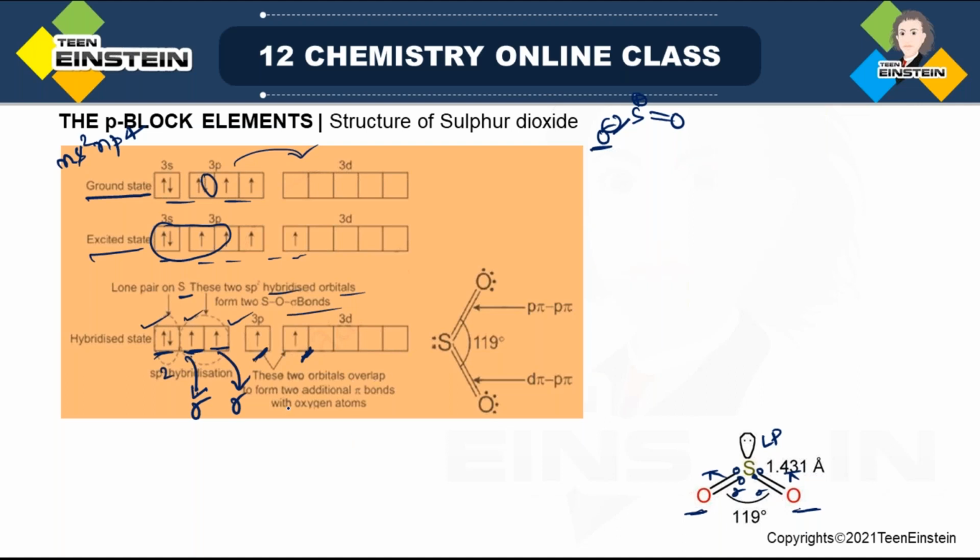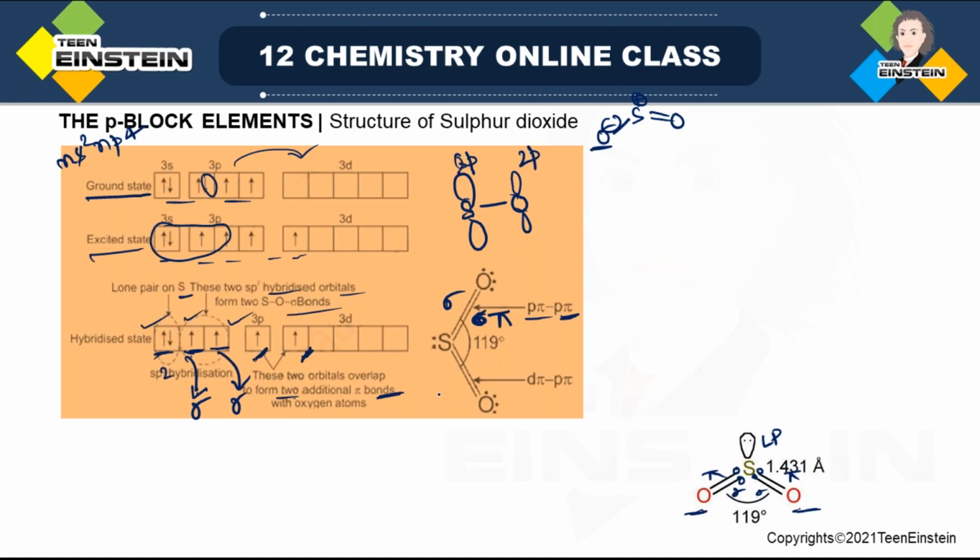These two orbitals overlap to form two additional pi bonds with oxygen. This side is sigma, this is pi. So one pi bond is p pi p pi. That means sulfur is using its 3p, and that is sidewise overlap. It is using 3p and it is using 2p. So this is a p pi bond.